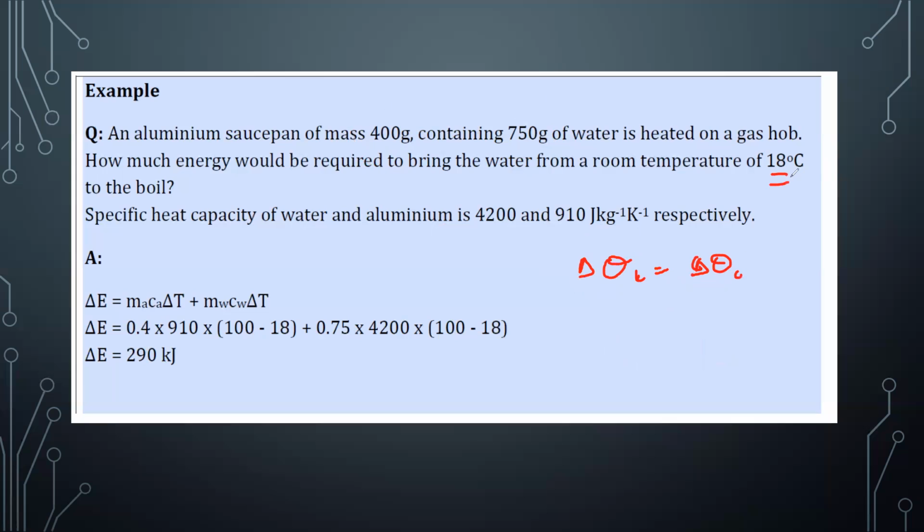As you can see, this is 18 degree and the boiling temperature is 100. So 18 degree, when we convert into Kelvin, 18 plus 273, that will be 291.